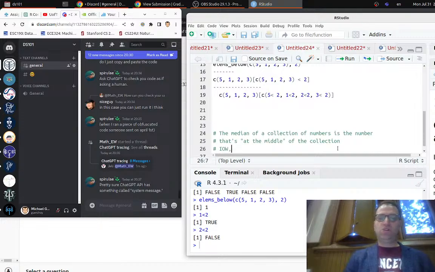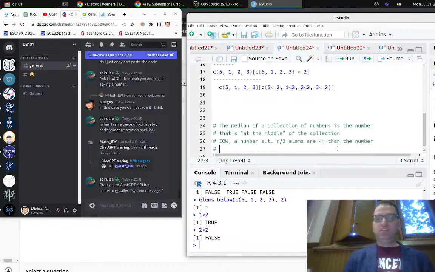In other words, a number such that n over 2 elements are smaller or equal to the number, and the other n over 2 are larger or equal.